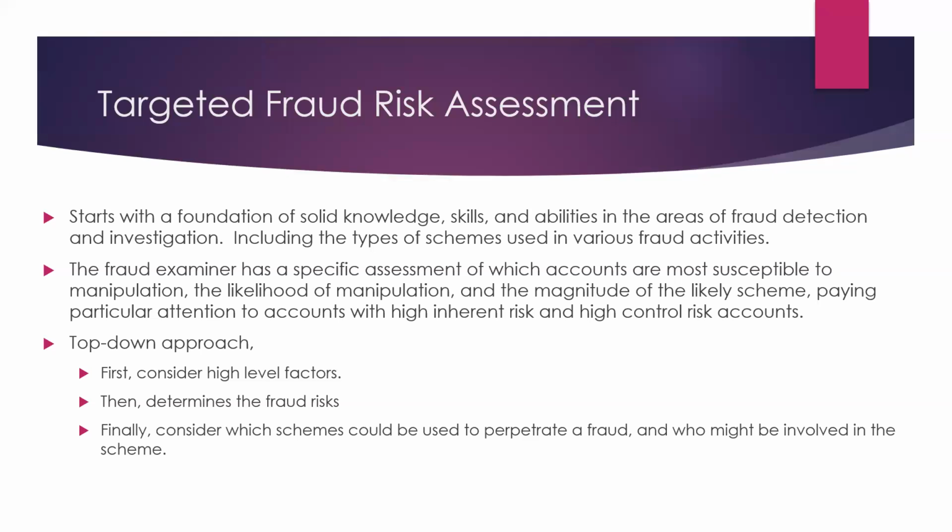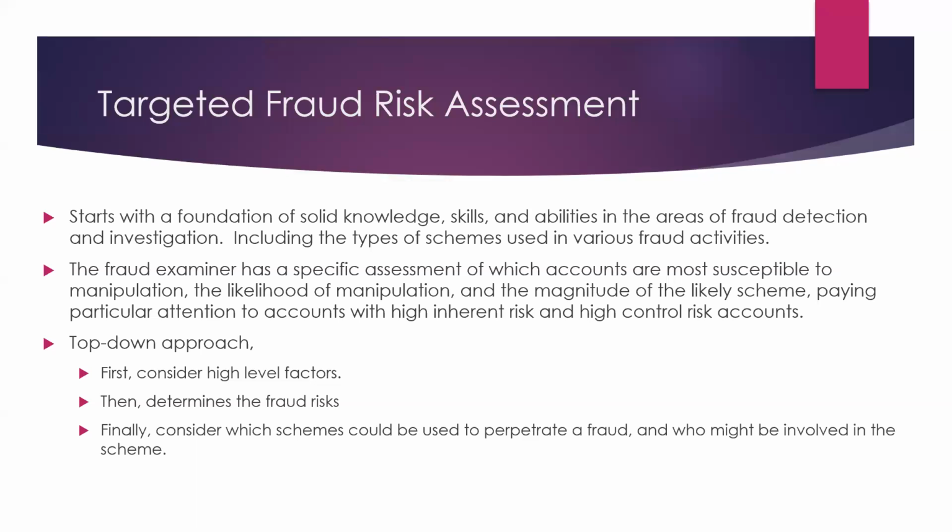So we have two different approaches. The first is the top-down approach. In the top-down approach, we want to consider high-level factors such as the industry or competition, historical performance, management philosophy, possible pressure concerns, as well as maybe some geographical considerations, and think about that high level of fraud.